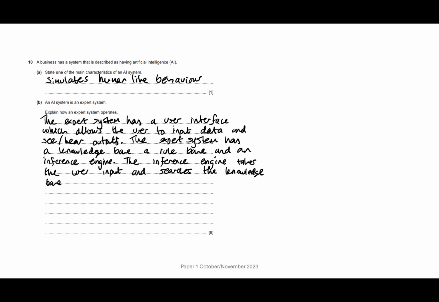Okay. If it finds a match or finds some data in the knowledge base, it can then apply the rule base to make a decision, and then we can decide the next step.